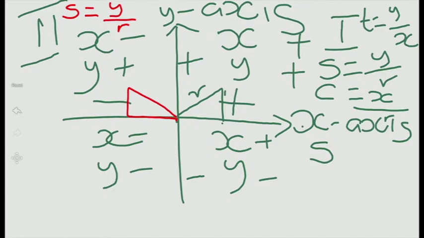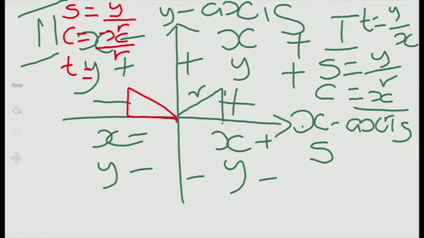And now we look at the cosine. The cosine is adjacent over hypotenuse. Adjacent is x. Our x is negative, so we have negative x over r, which means the cosine ratios of angles in the second quadrant is negative. We look at the tangent now.